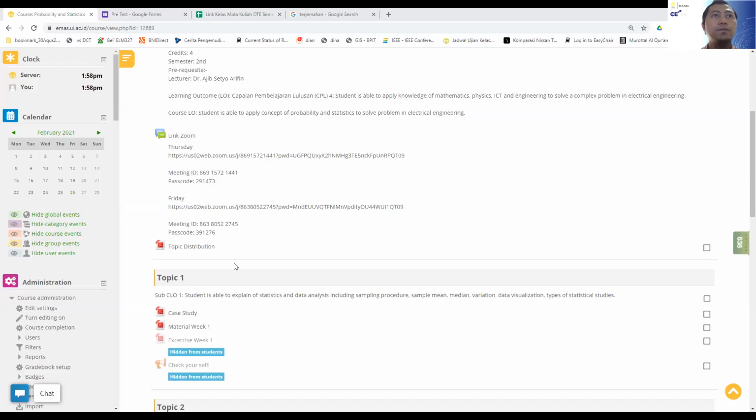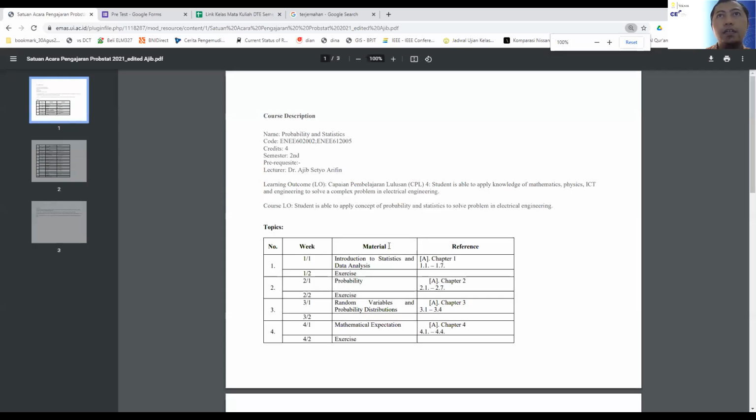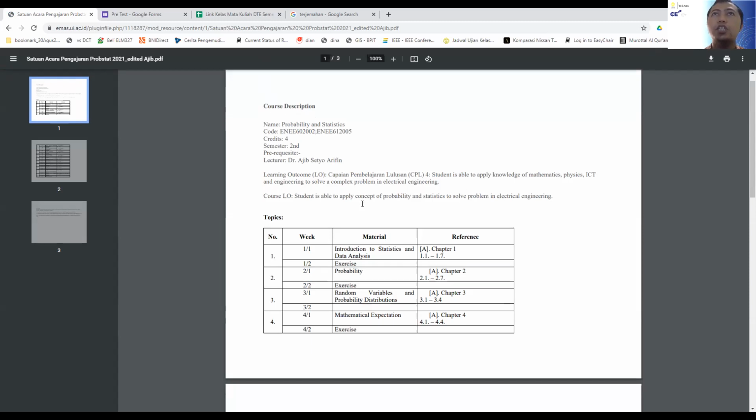Okay, you can see from the page from math, you can download from here topic distributions and the course description that I discussed with you yesterday.